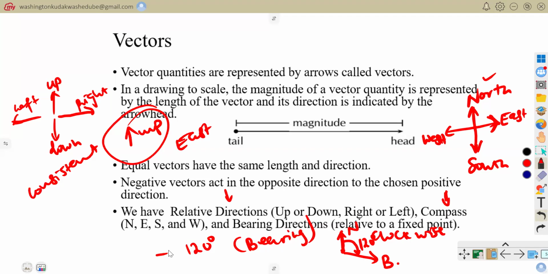It simply means that my object is 120 degrees away from the north. So that is what we refer to as bearing direction.